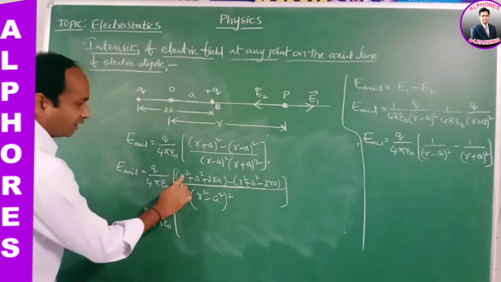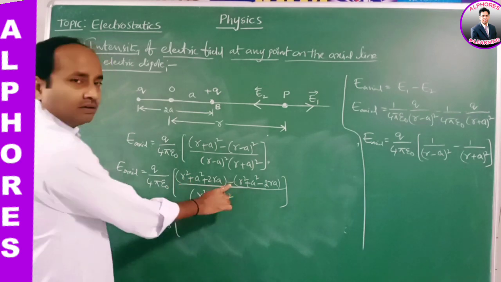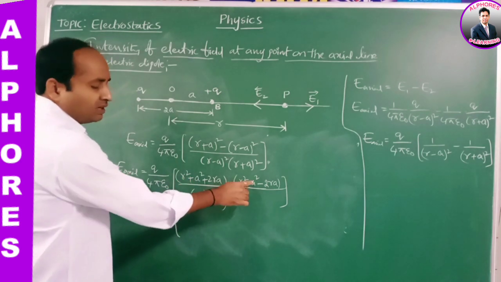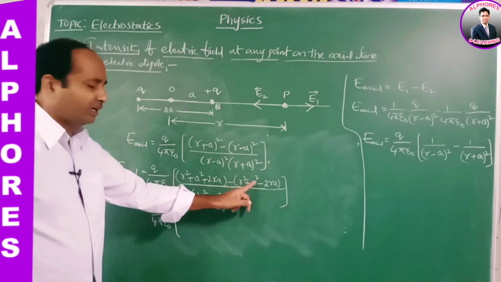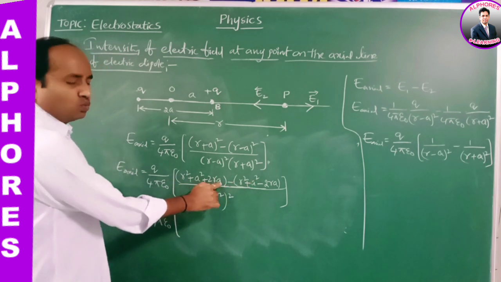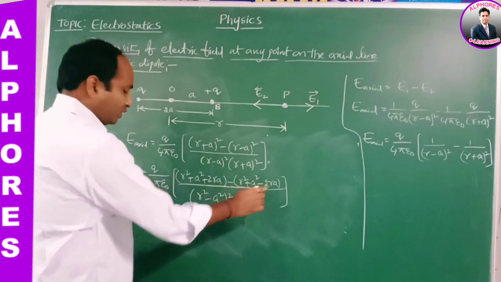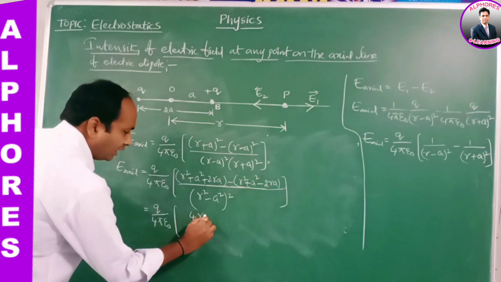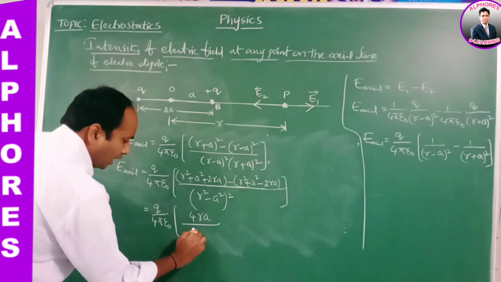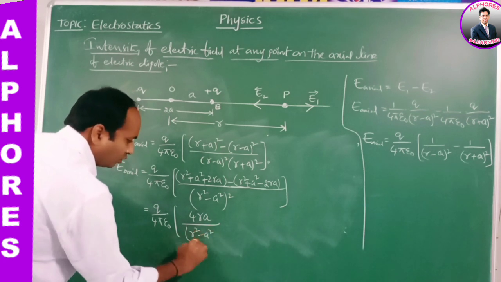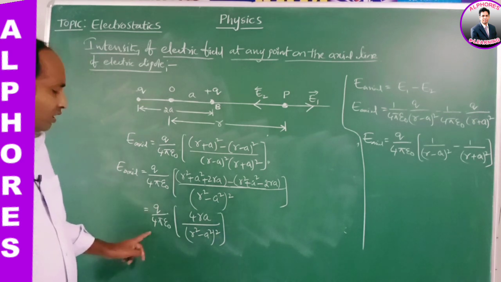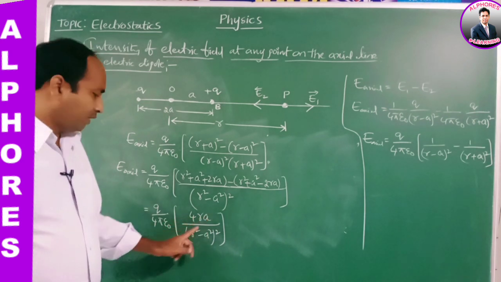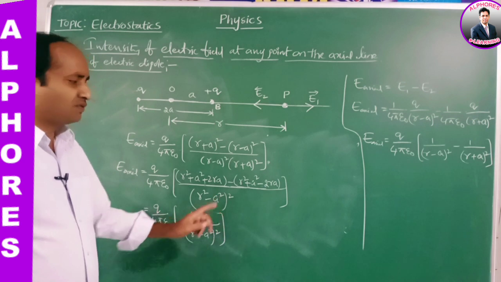Here we get r square plus a square minus r square minus a square. These two cancel, so what is plus 2ra, minus into minus again plus 2ra. So you will get 4ra by (r square minus a square) whole square. Q by 4 pi epsilon naught of 4ra by (r square minus a square) whole square.